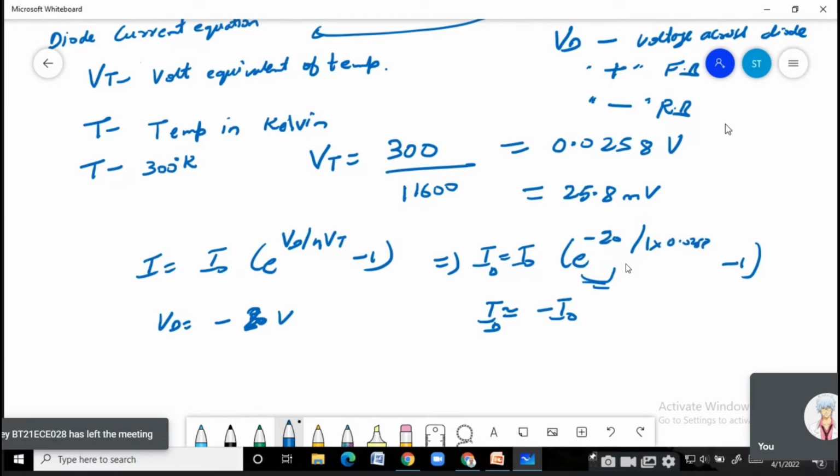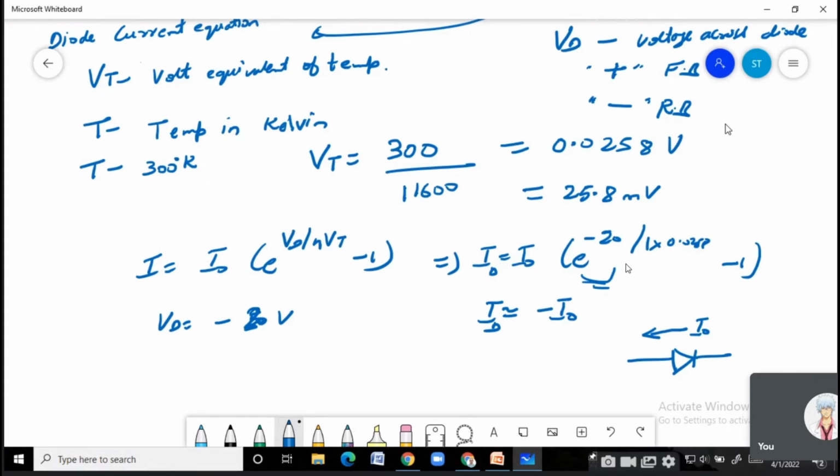What does it mean? Under the reverse bias of minus 20 volt, the current through the diode is the reverse saturation current. And the negative sign means its direction is opposite to the direction of the forward current of a diode.